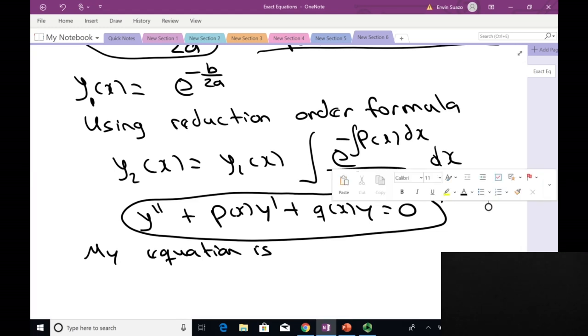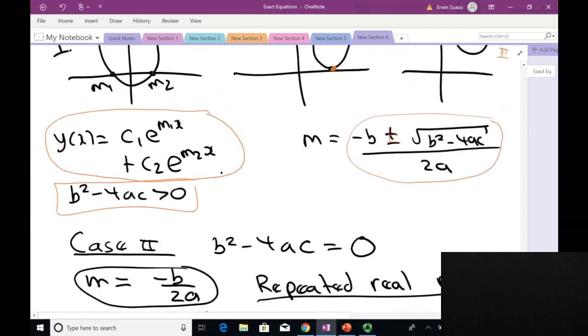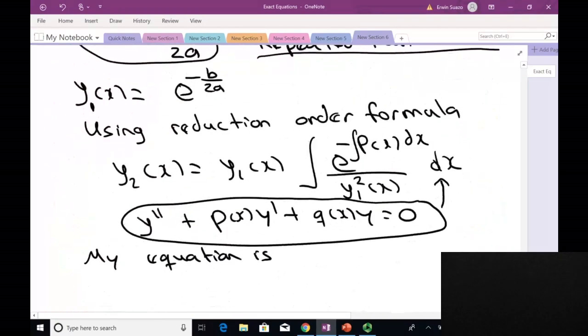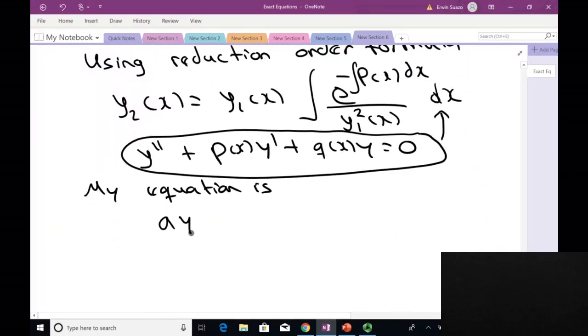No, my differential equation. The differential equation I want to solve is a y double prime plus b y prime plus c y equals 0. So I want to apply the reduction of order formula. So what should I do?